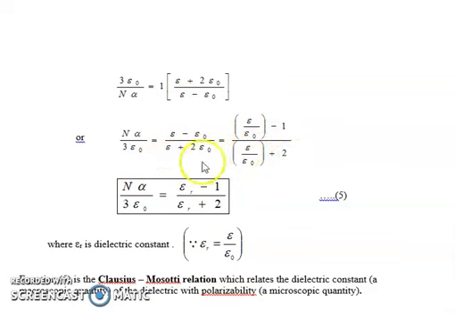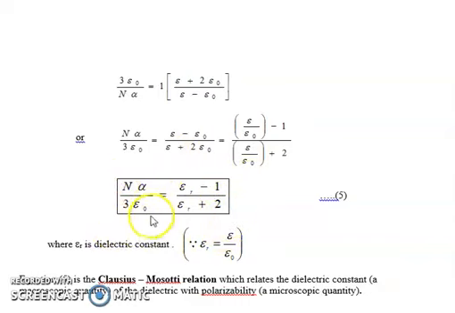So epsilon by epsilon naught plus 2. Then we know that epsilon by epsilon naught is nothing but epsilon r, that is called relative permittivity, otherwise known as dielectric constant. So epsilon r minus 1 by epsilon r plus 2. So N alpha by 3 epsilon naught is equal to epsilon r minus 1 divided by epsilon r plus 2. This is the famous Clausius-Mossotti relation.